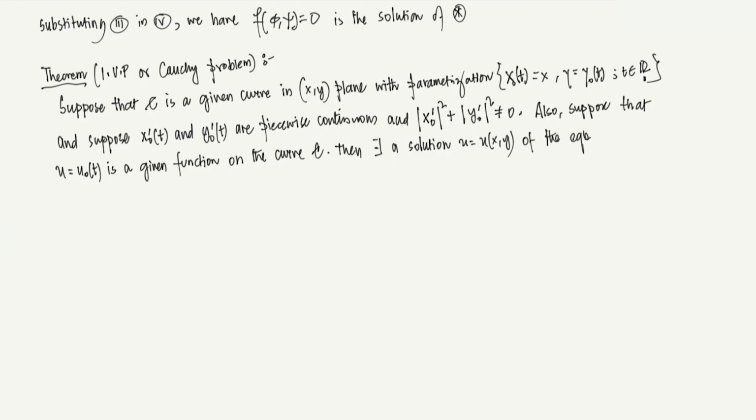The general equation, if you remember, F of x, y, u, ux, uy equals 0 in D, the domain D, a subset of R2 containing the curve.